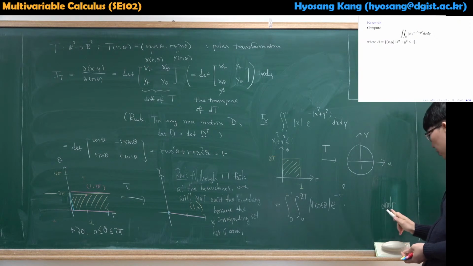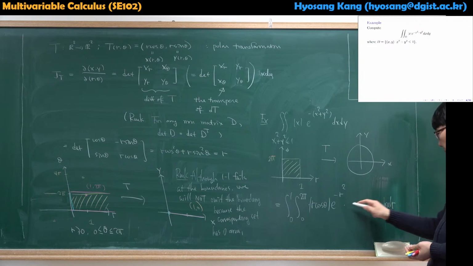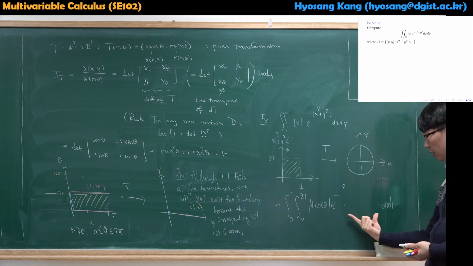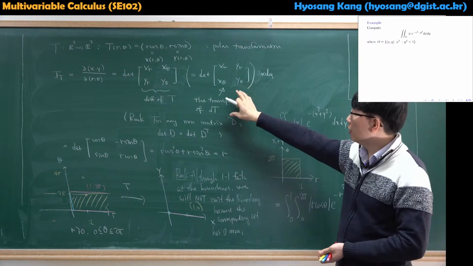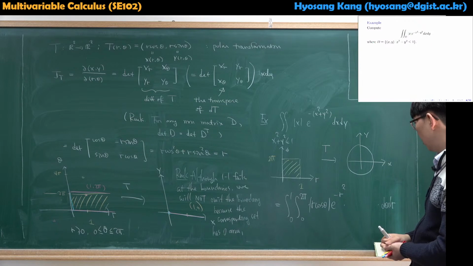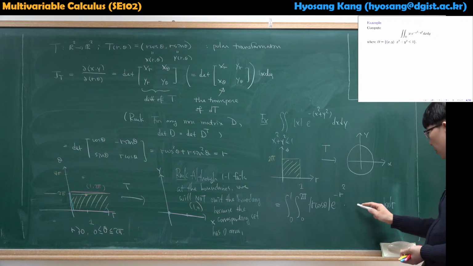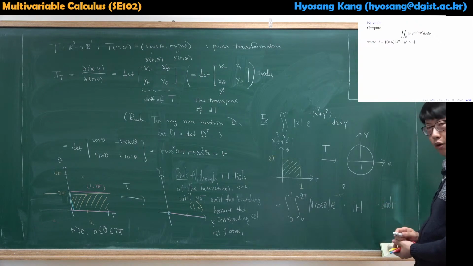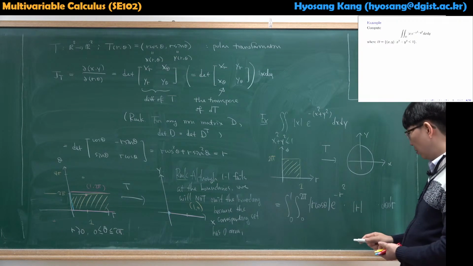What comes into the integrand is the Jacobian, so we compute the Jacobian again. Okay, anyway, we have r as the Jacobian, and then take the absolute value sign here. So that's what I have to integrate.